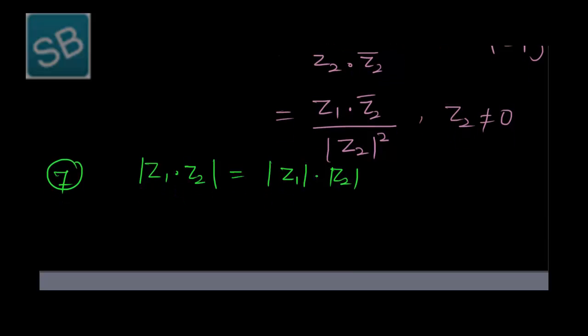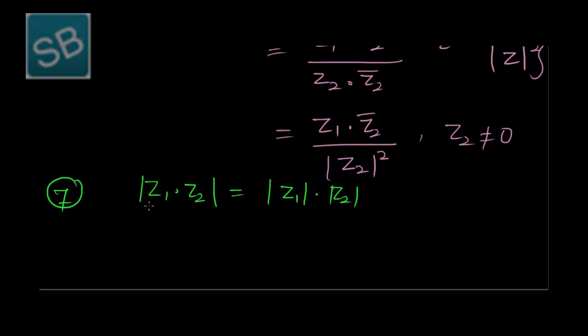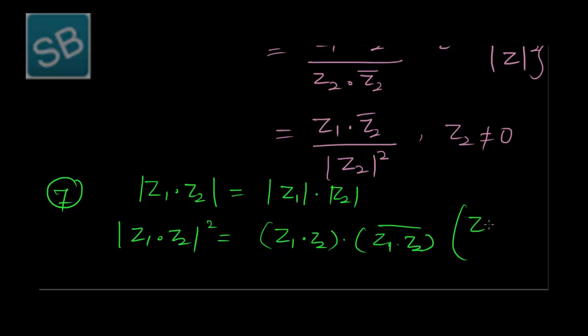First of all, we know that mod z square is equal to z into z bar. Here we are considering z is equal to z1 into z2. So this is our whole complex number, and mod z square is equal to z into z bar.